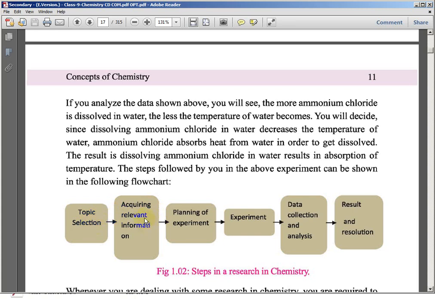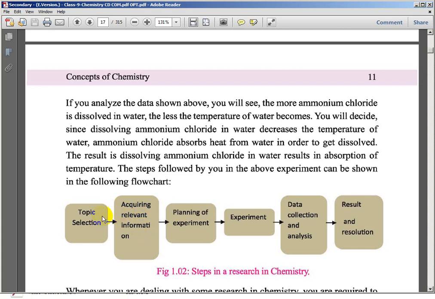Then you acquire knowledge: you gain relevant information from other scientists who have done this experiment previously, and from the internet and other sources.